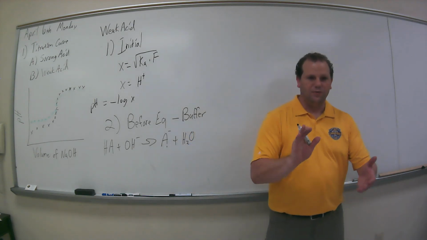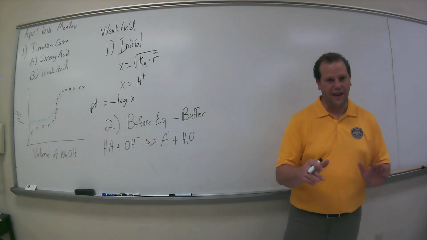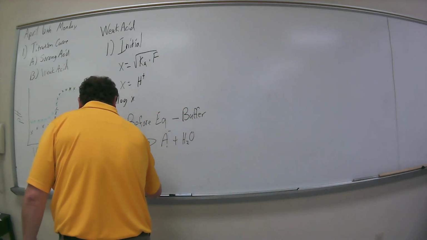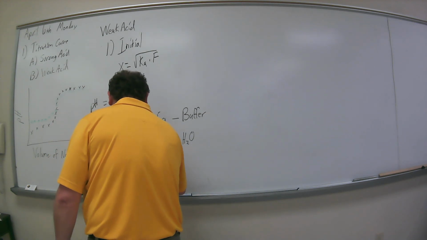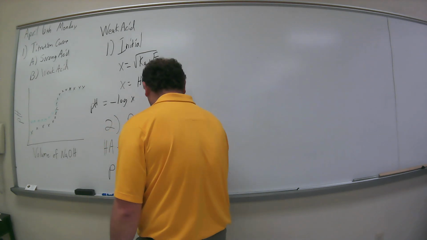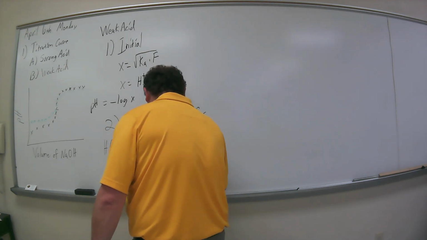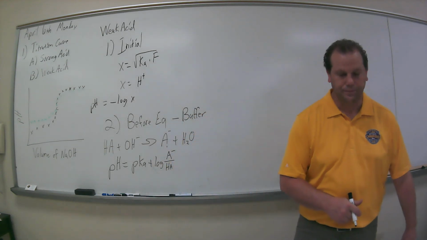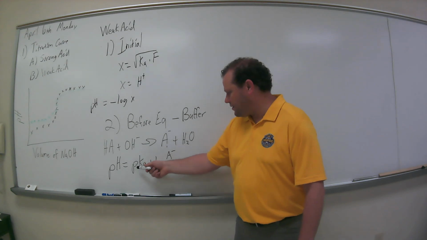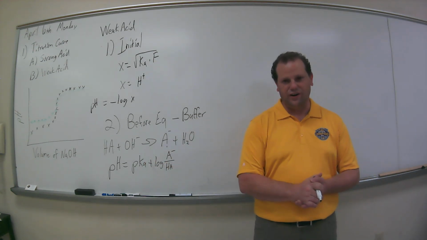Which means to solve buffer problems, we have to use the Henderson-Hasselbalch equation. So remember, that says that pH is going to be equal to the pKa of the acid plus the log of my base over my acid. If you have the Ka, you can find the pKa, and now it's just a matter of finding the concentrations.